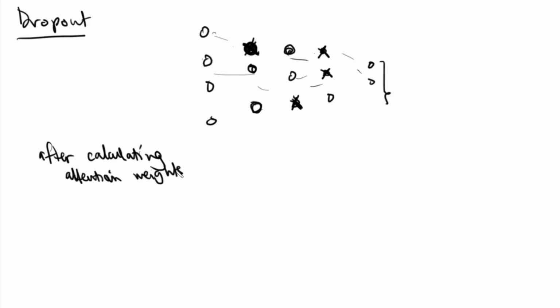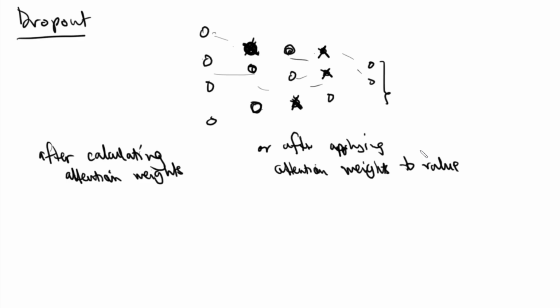or after applying those attention weights to values, or to the value matrix. Remember, you apply your attention weights to the value matrix when you want to calculate those context vectors.